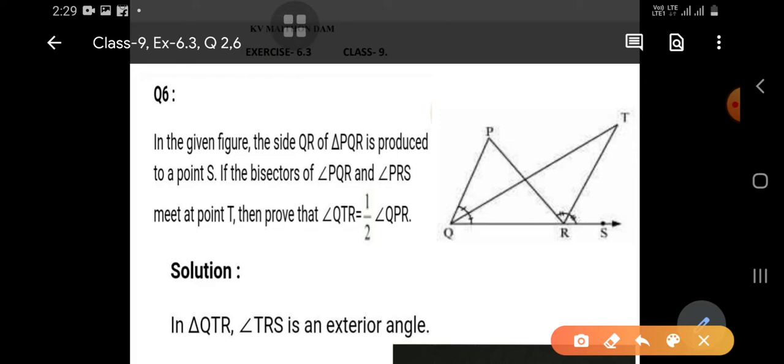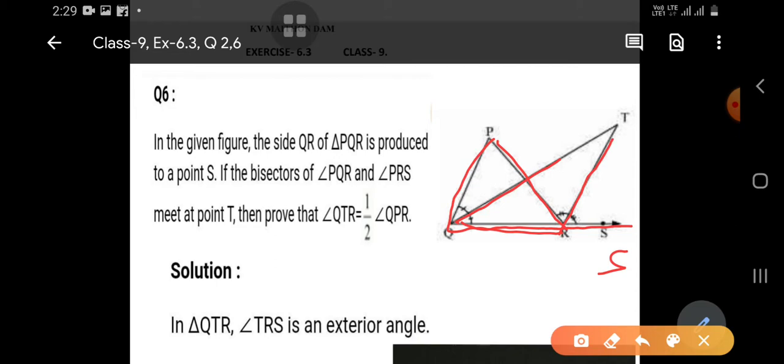Look at here. PQR is the triangle, and it says that the side QR is produced to S. Here is S, and the angle bisector of PQR, that means this line, and the angle bisector of PRS, that means this line.